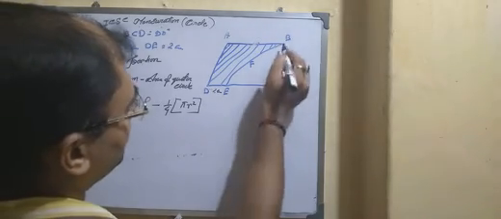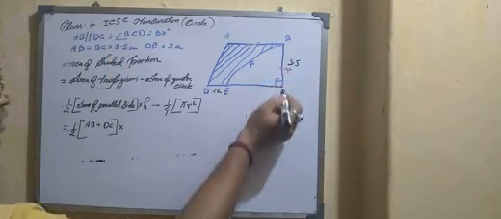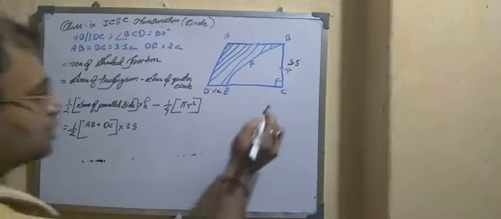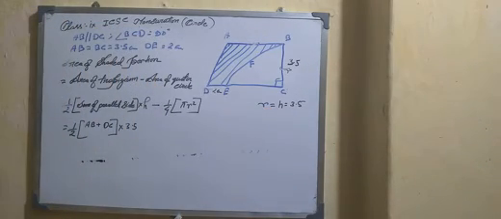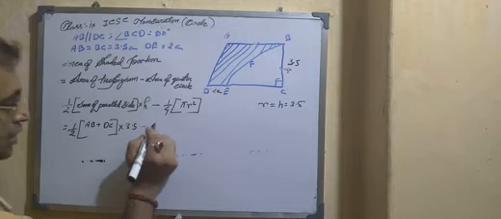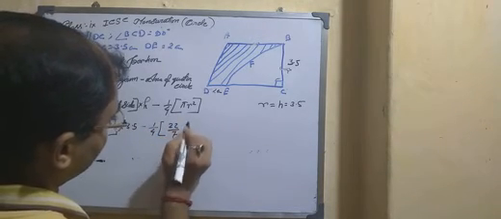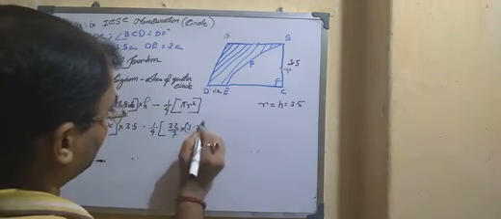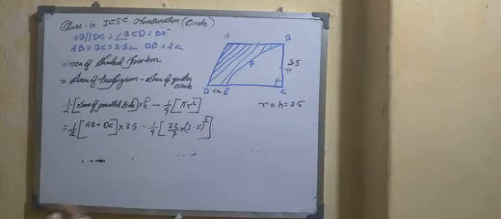This perpendicular is the distance between the parallel sides, and it is also the height, so h equals 3.5, which is also the r for the circle. Now minus 1/4 into 22/7 into 3.5 whole square.